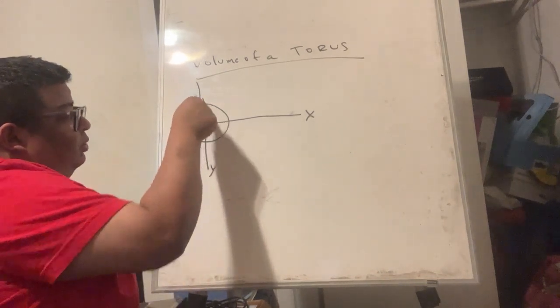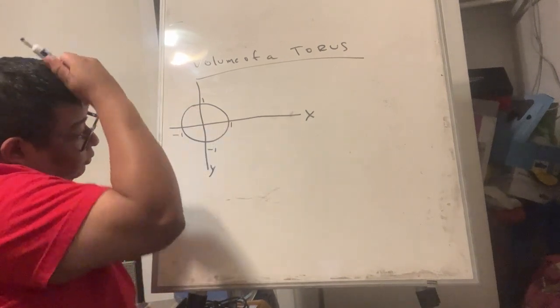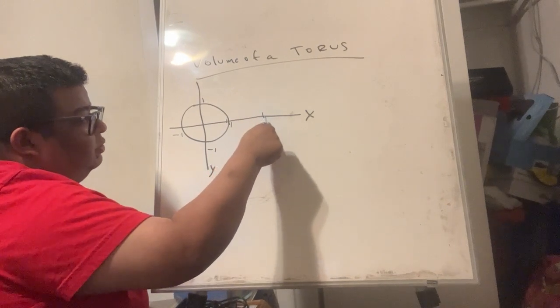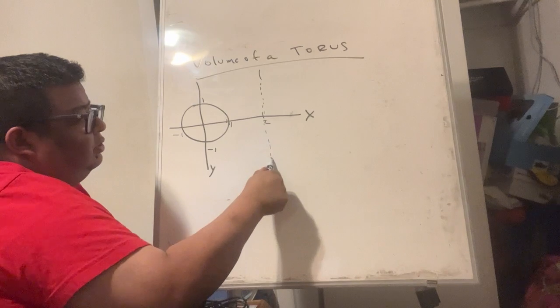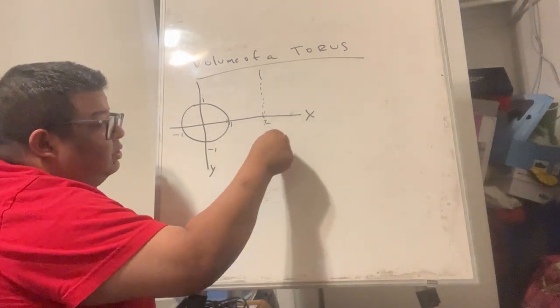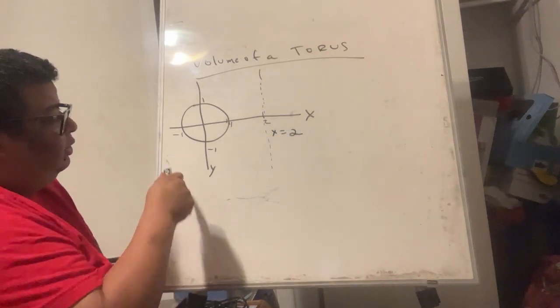Let's say this is 1, this is -1, this is -1, this is 1. So let's say here is 2, and this is the line. This is going to be the axis of revolution. So this is x equals 2.